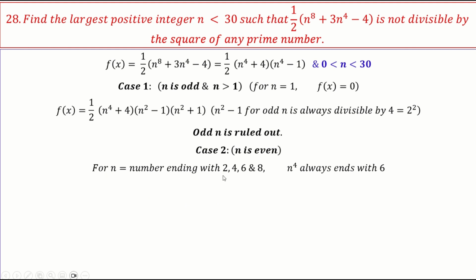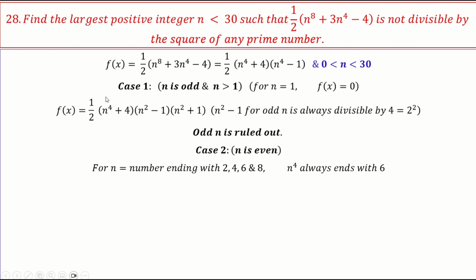If n ends with 2, 4, 6, 8, n power 4 always ends with 6. Why? You can check. 2 to the power of 4 is 16. 4 to the power of 4 is 16 into 16, which ends in 6. 36 into 36 ends in 6. 64 into 64, 4 into 4, which ends in 6. So every even number ending with 2, 4, 6, 8 gives n power 4 ending with 6.